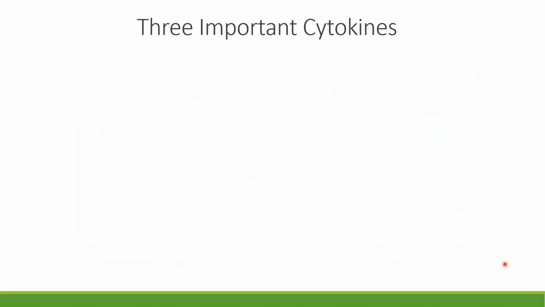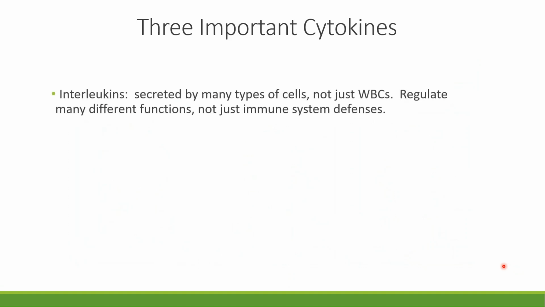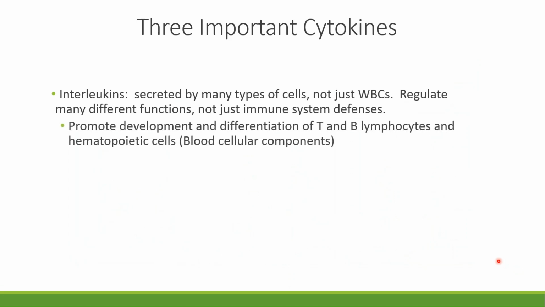In this lecture, we're going to cover three very important cytokines: interleukins, chemokines, and interferons. Interleukins are secreted by many types of cells, not just white blood cells or WBCs, and they regulate various functions, including immune system defenses.